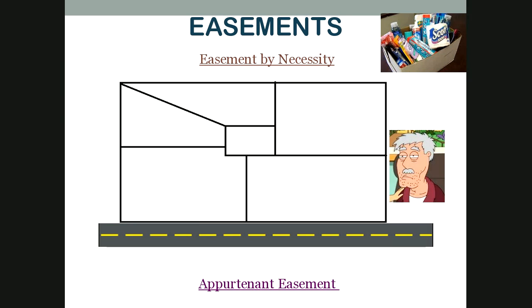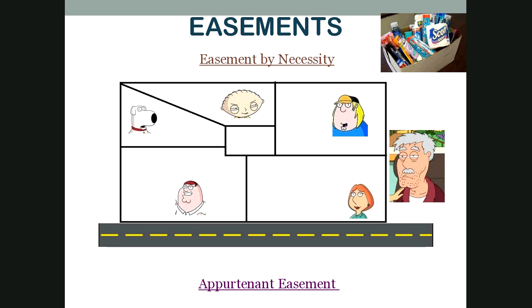He divides it up, gives a portion to his daughter Lois, another portion to Peter. He hooks Brian and Stewie up, gives Chris a little something. And of course, he doesn't want to be unfair, but he doesn't like Meg because nobody does. So he gives her this piece in the middle. It's an absolutely useless piece of land in the middle of everybody else's.